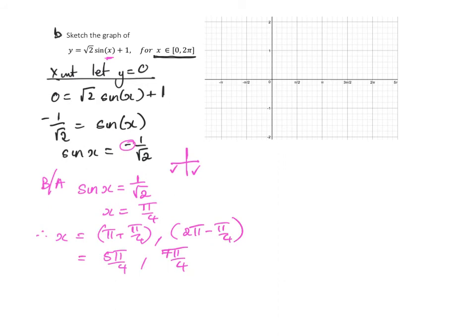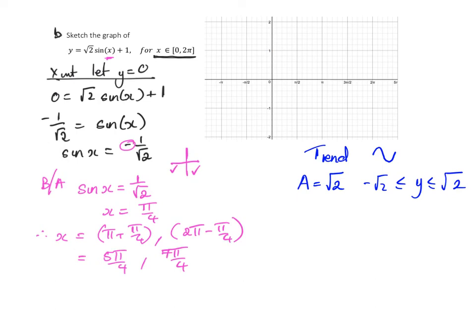They are my x-intercepts. Obviously now I've got to find some other things, so let's keep going and look at the trend of this graph. Is it upright or inverted? It is upright. It's a sine graph, so it's just going to look like a normal sine graph. What is the amplitude of my graph? Well, amplitude here is root 2. And we know therefore that y should be between minus root 2 and positive root 2.